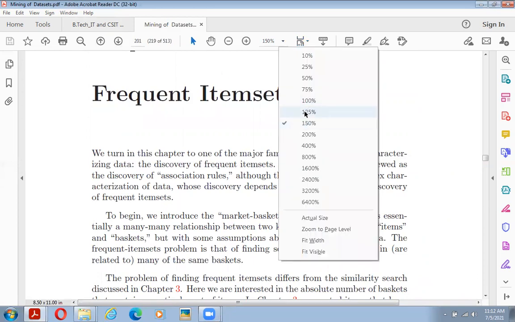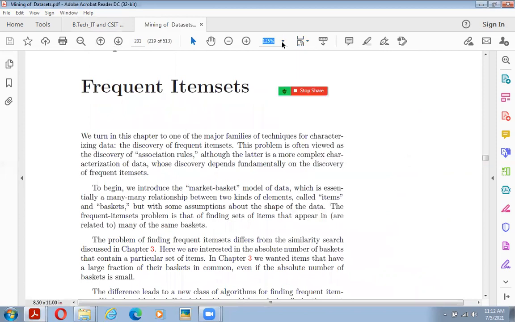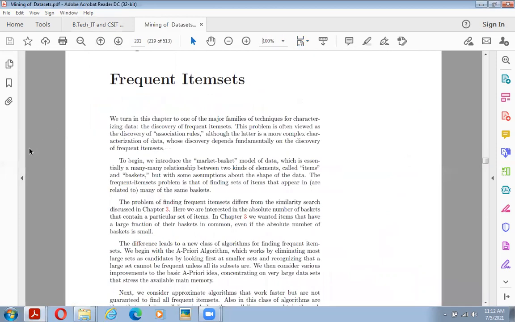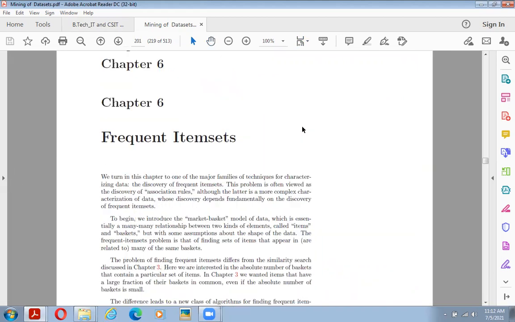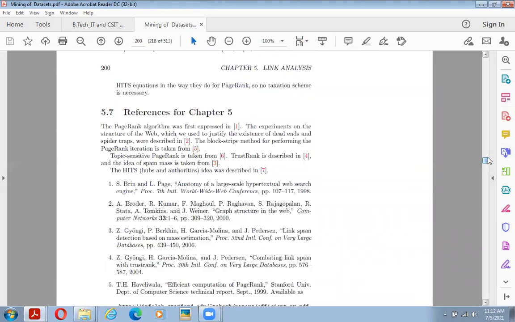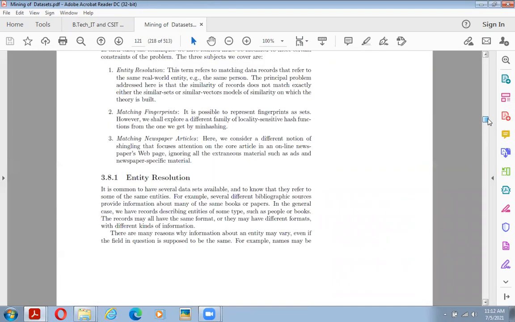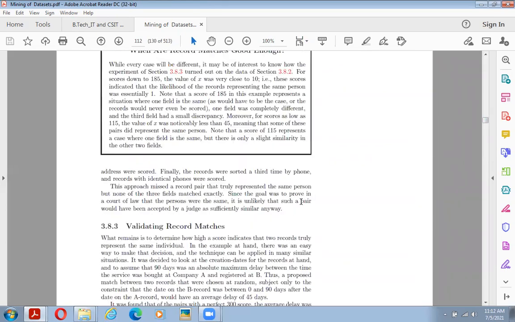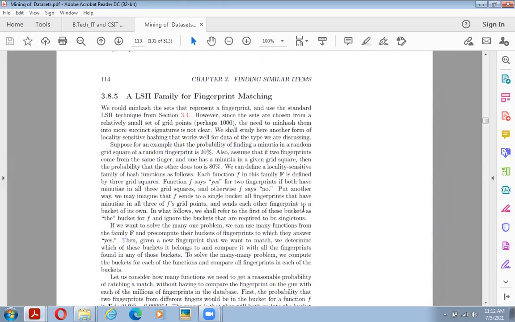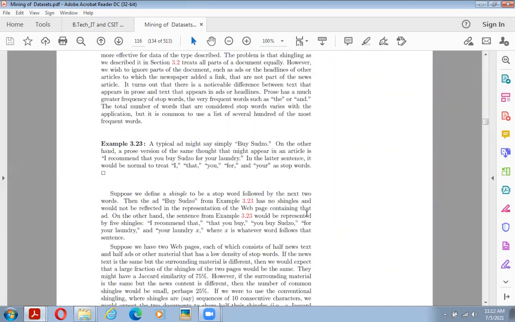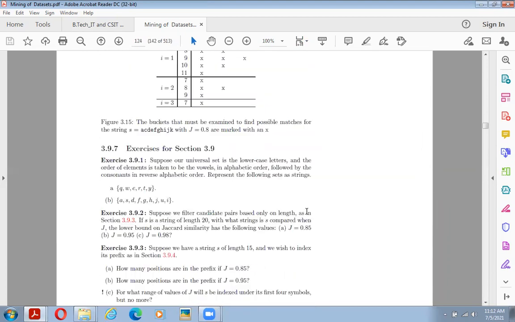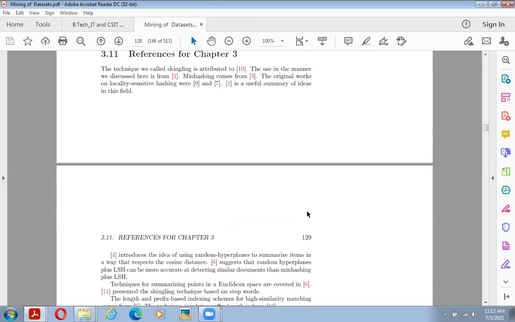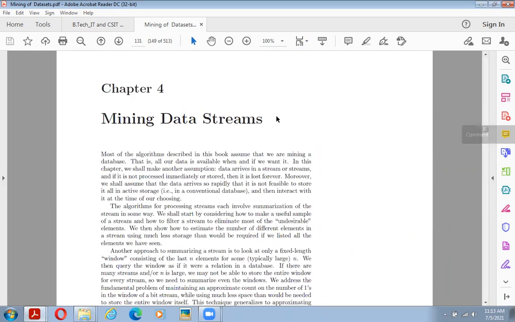Let's go to the book. Okay. This is what we are focusing on, and need to focus on right now.